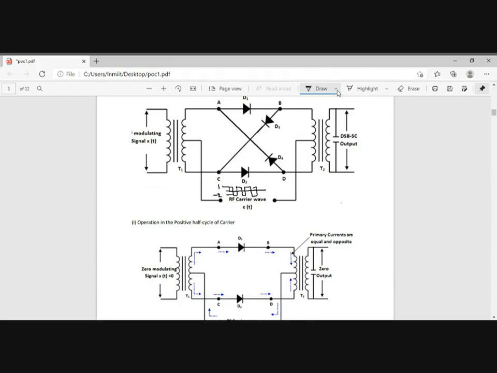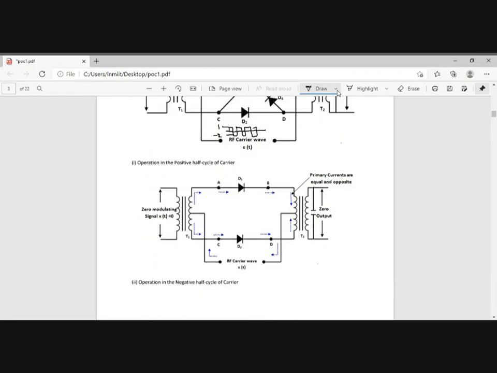Off means open circuited, so we have removed this structure, and my structure will be modified into this. This happens when we are talking about the positive half of the carrier. Whenever we are encountering a positive half, the structure changes to this.